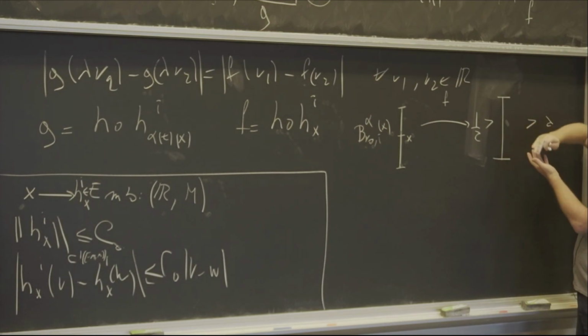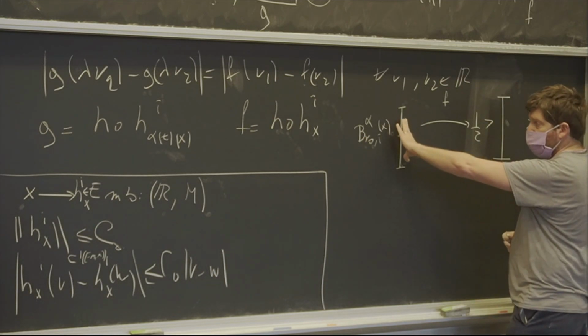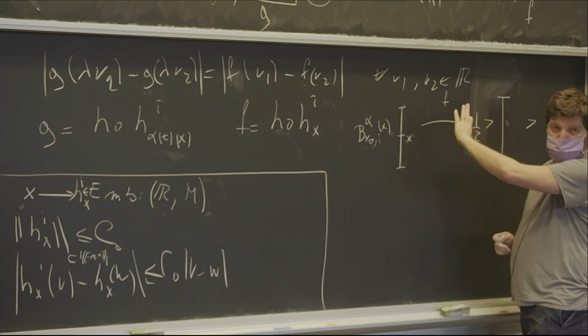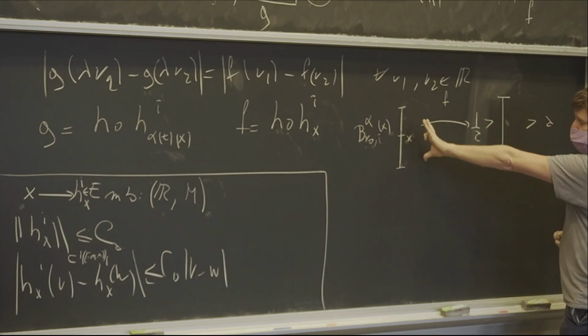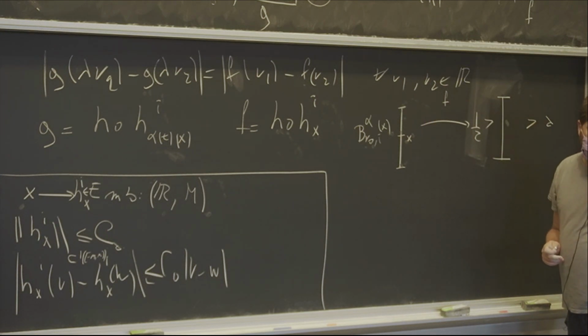Okay? The uniform continuity tells me the same thing here, that it is not too large and not too small. Actually, not too large is by uniform continuity. Not too small is because a uniformly continuous function could collapse everything.